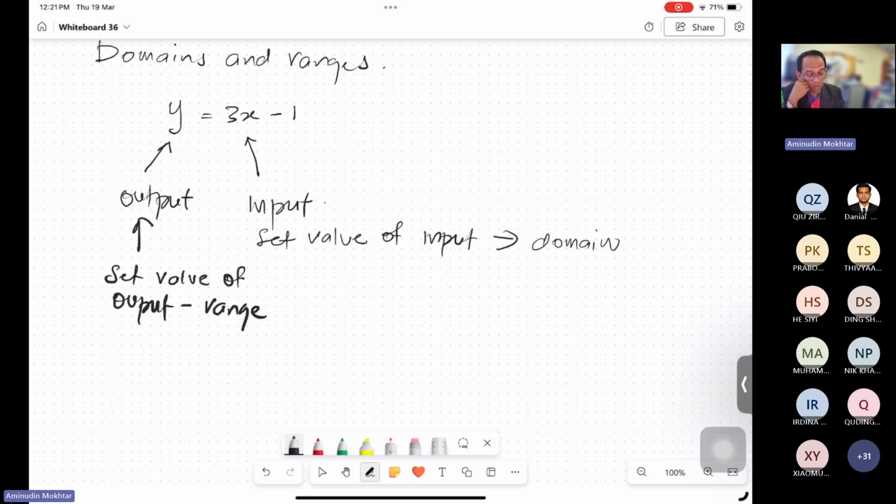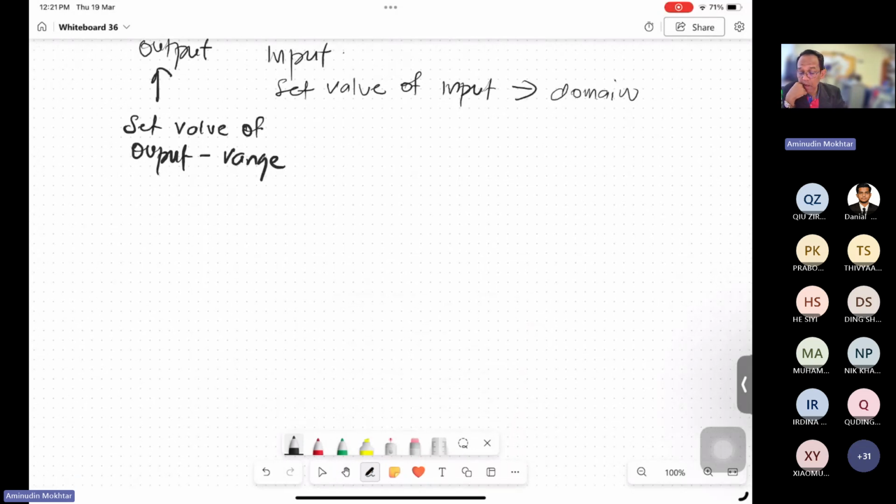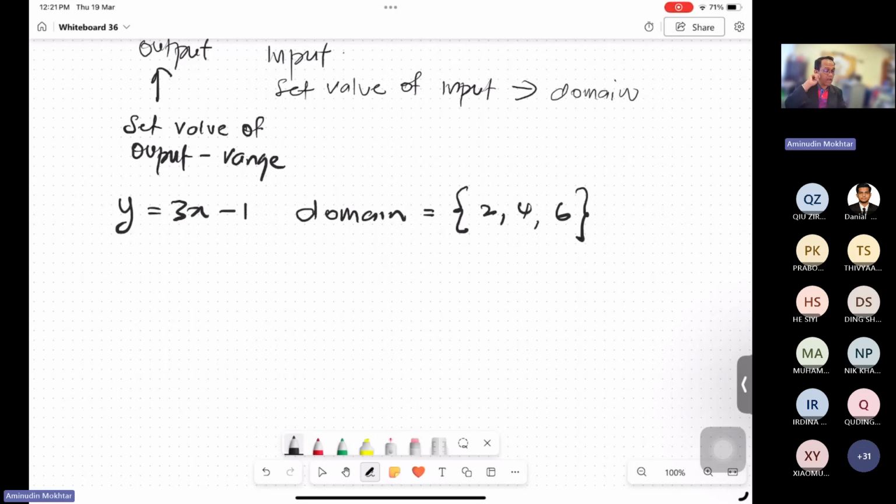For example, please refer to example 1.1. Let's say I have y equal to 3x minus 1 again, and the domain, the set of input, has the values 2, 4, and 6. There are three values for x: x equal 2, x equal 4, and x equal 6.